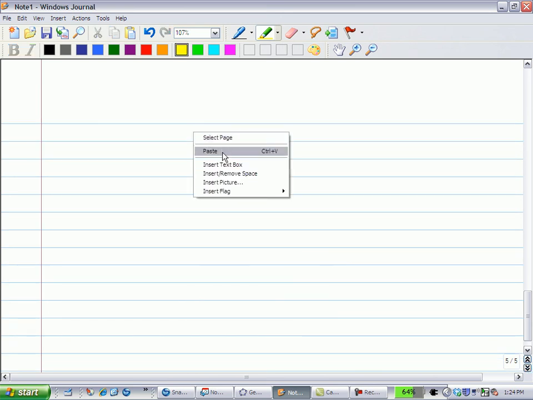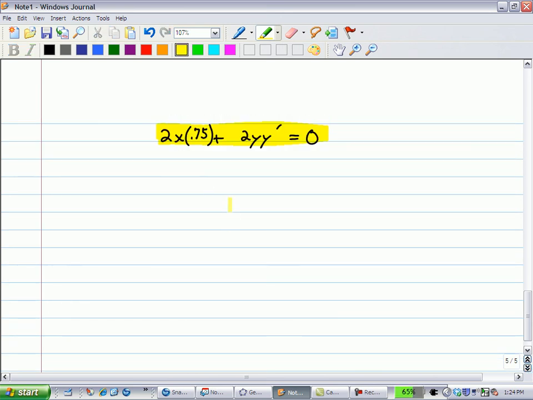Okay, so we have this model which comes in handy. And don't forget, you still have x squared plus y squared equals 20 squared, so 400.